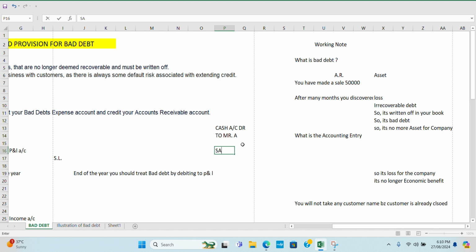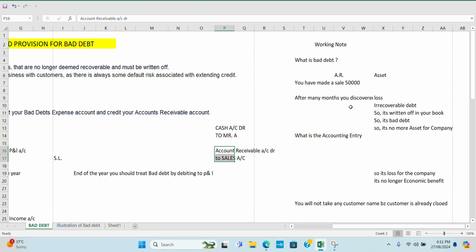When you are making a credit sale, the entry is accounts receivable account debit to sales. So this is the entry when you're making a credit sale.